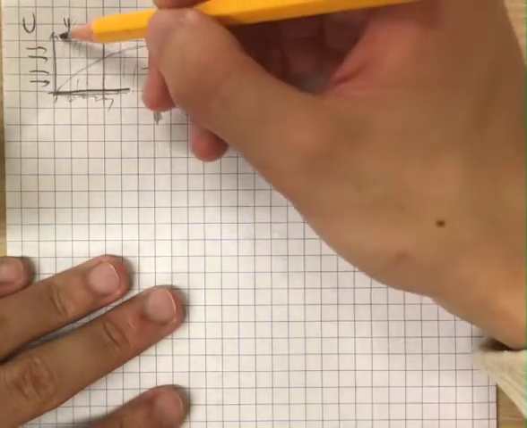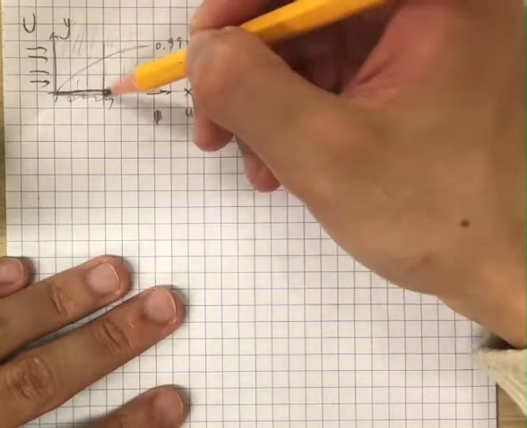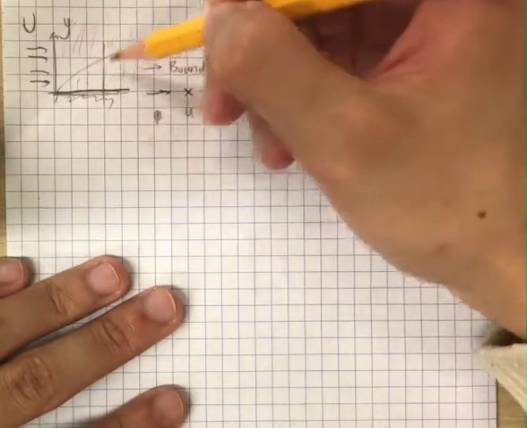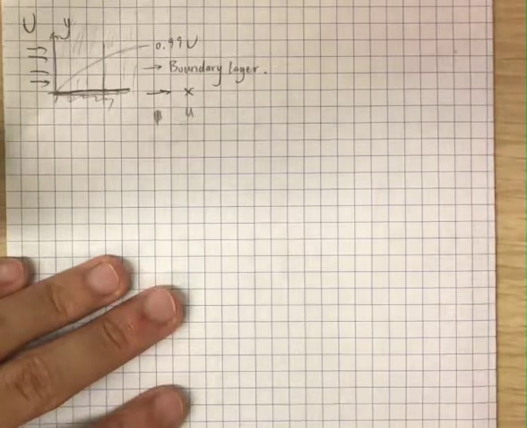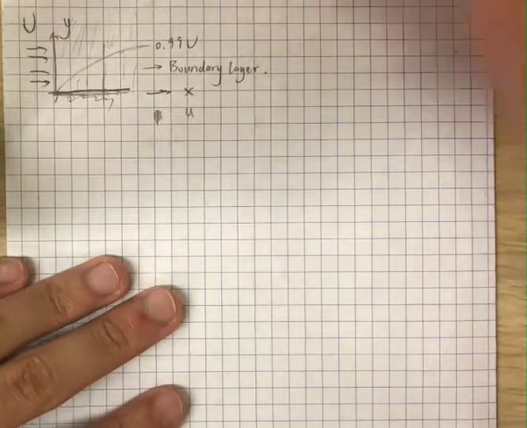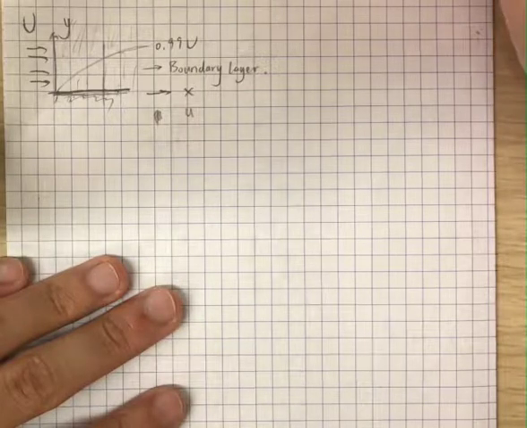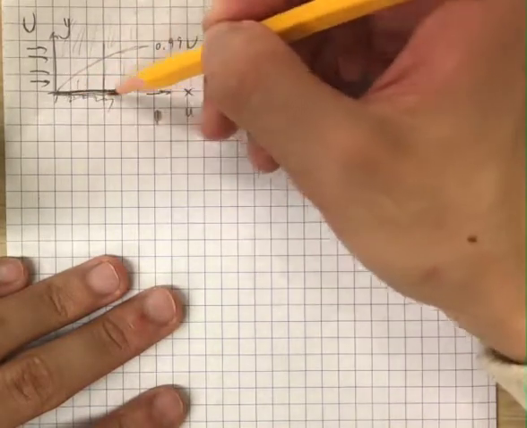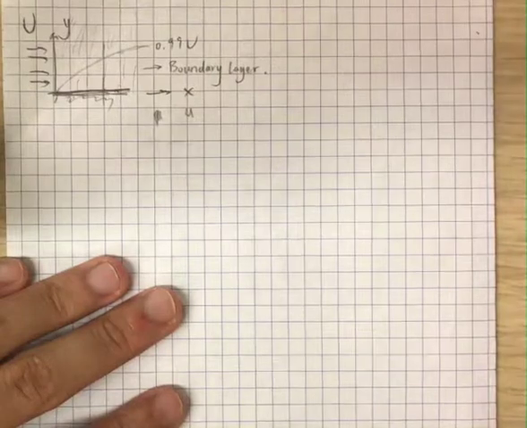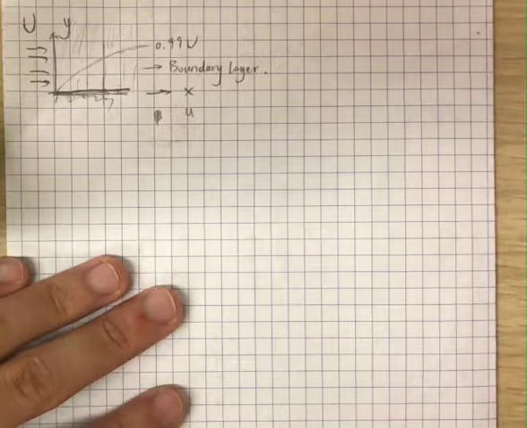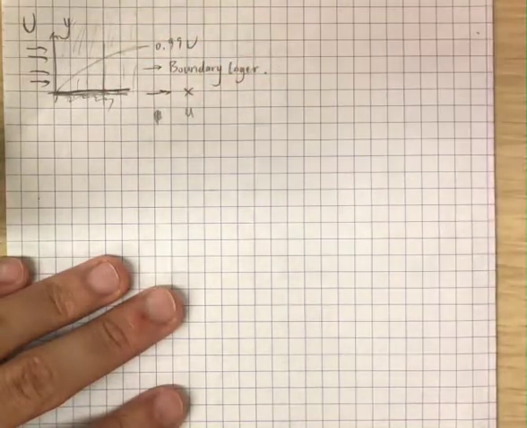As I increase my y value, as I go up, what will happen? I'm farther and farther away from the boundary, which means I should be less and less affected by it. So I should be less restricted by it, which means my velocity will be bigger and bigger.